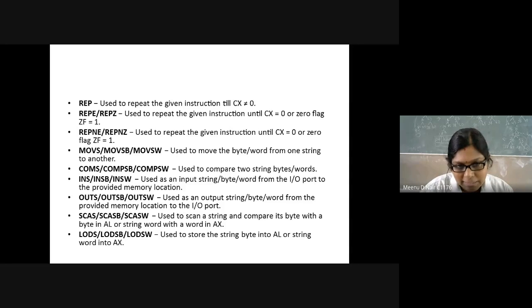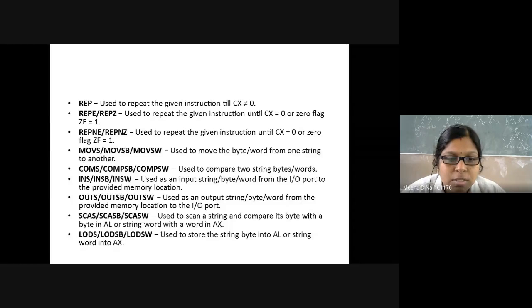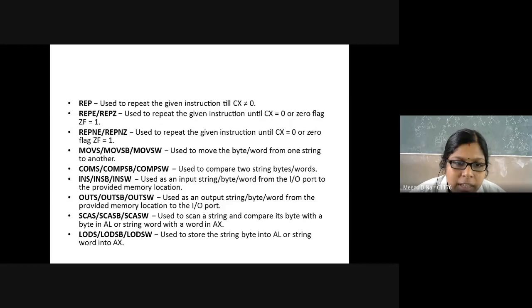You are writing, writing means sending, communicating with some other device. So that is the OUT command. That is IN and OUT, which become string operations. That is the only difference between the normal IN and OUT commands, the move, compare commands, all those.